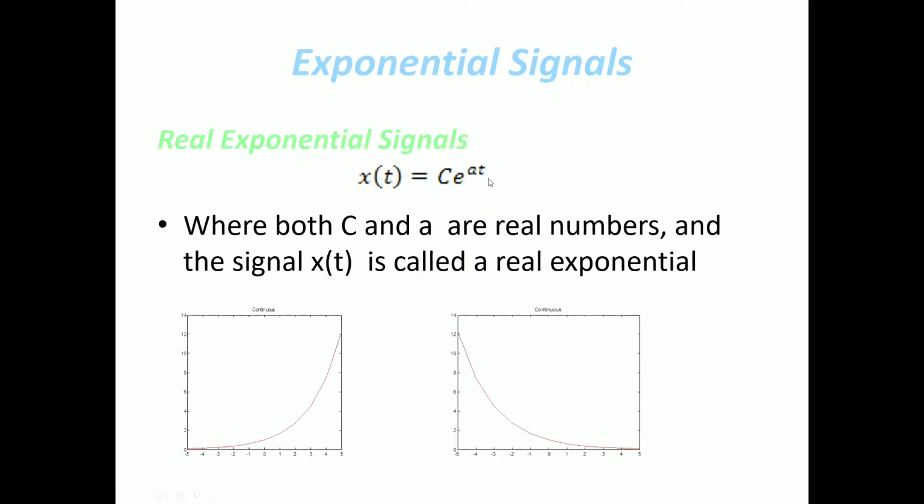The graphical representation would be like this: either an exponentially increasing function of time or an exponentially decaying function of time, based on the values of c and a.